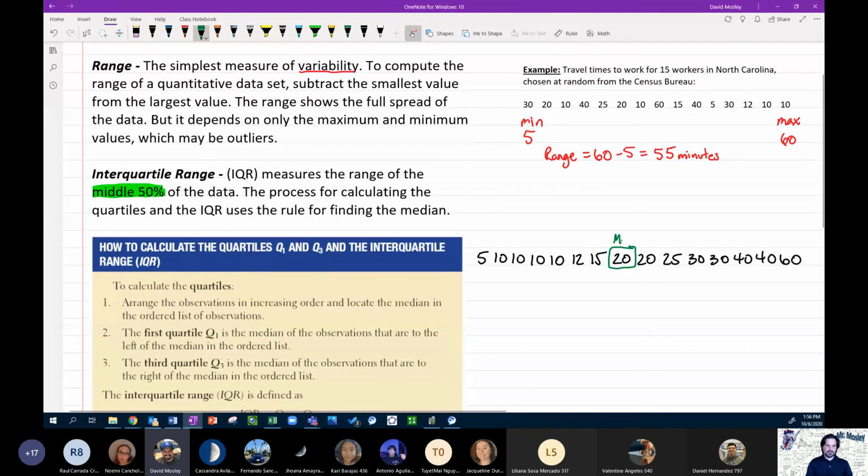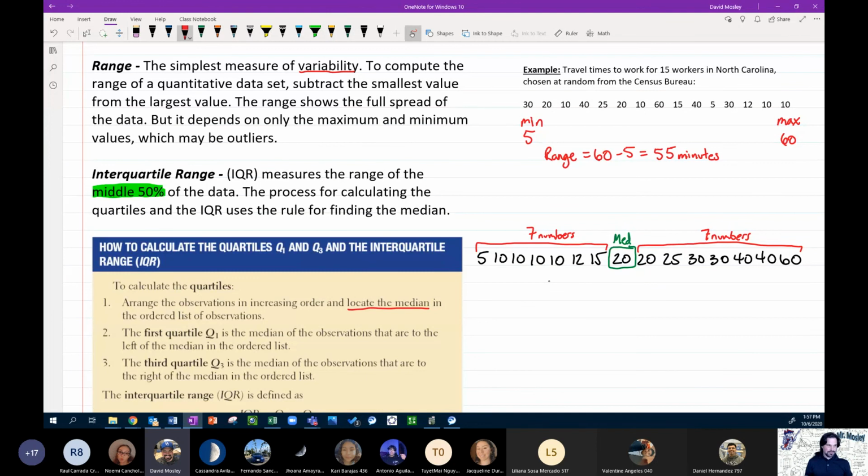So we've already split our data in half. That's step one: locate the median. Done that. On either side of our median now, I have 7 numbers, and I have the same amount over here. I need to find the median of the first 7 numbers and the median of the second 7 numbers.